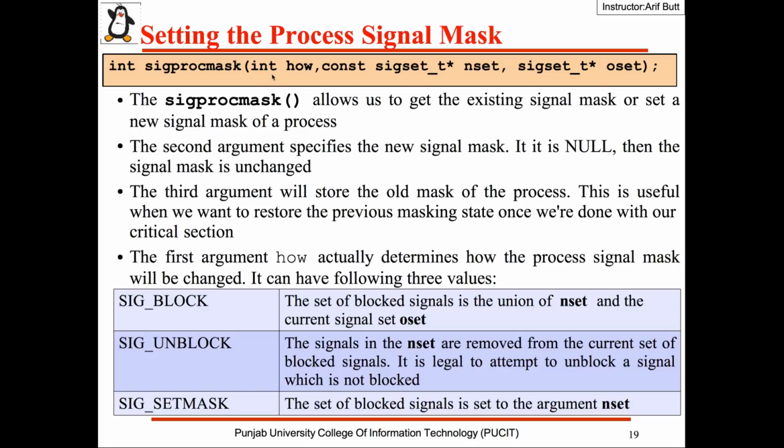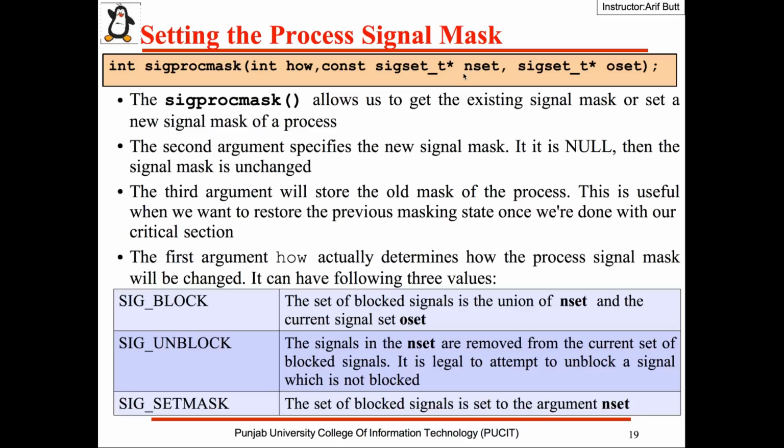And if you use SIG_UNBLOCK over here, the signals in the new set are removed from the current set. And it is of course legal to attempt to unblock a signal which is not blocked. And we normally use SIG_SETMASK. If you use SIG_SETMASK over here, the set of blocked signals is the second argument, that is, the new set.